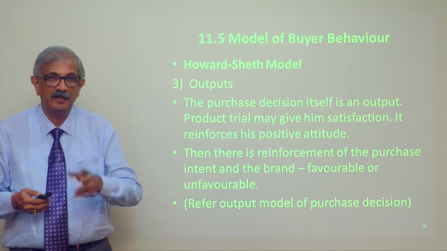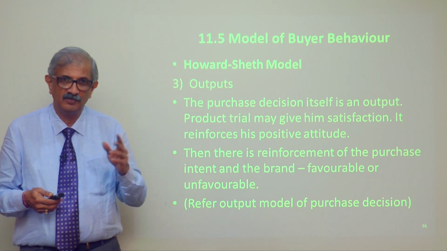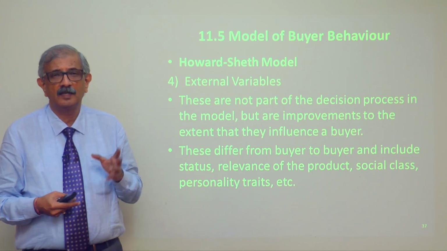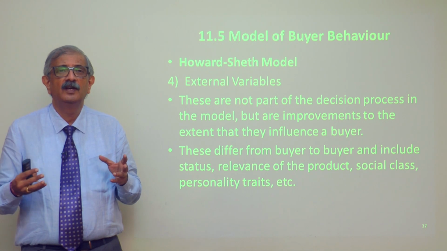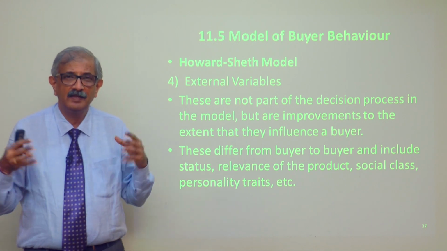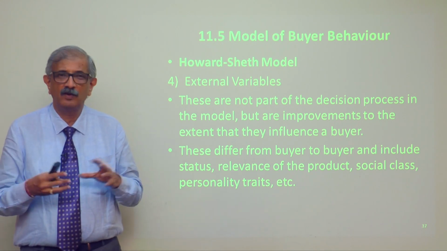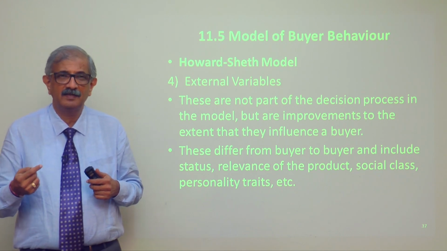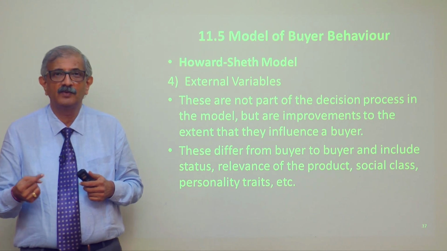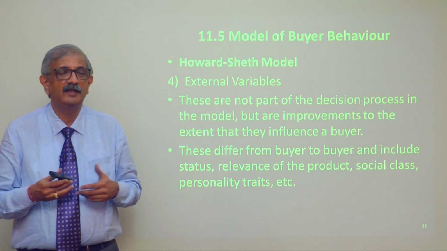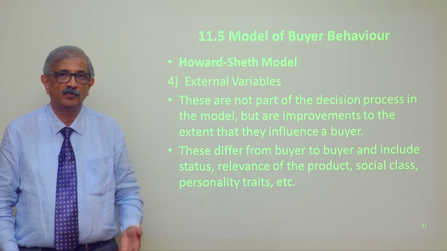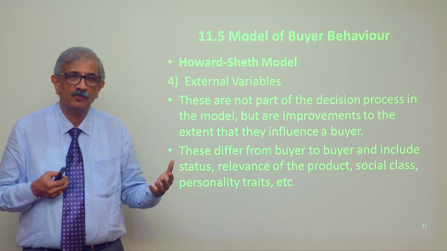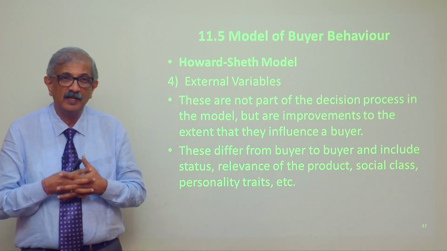The request was made to refer to the output model of purchase decision, which has not been explained here in the presentation as such. Then come the external variables, which is what else may influence the buying behavior. These are not necessarily part of his decision making process, but they may influence the buyer. This differs from buyer to buyer and includes status, relevance of the product to him, social class, traits that he pursues, what he wants to convey using this product, and what he is looking for out of the product.